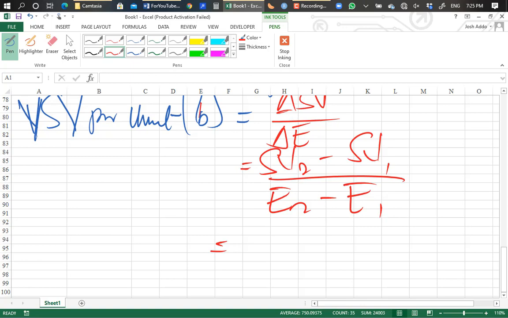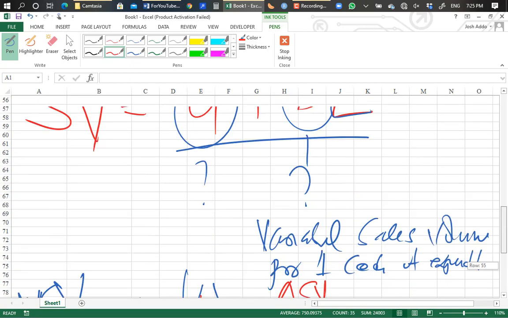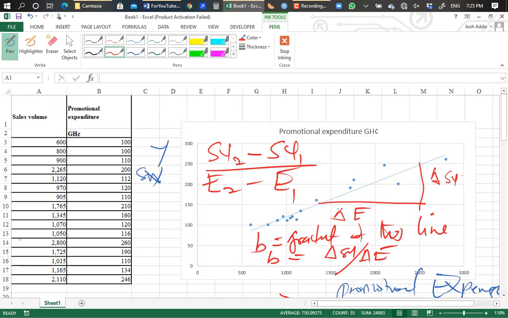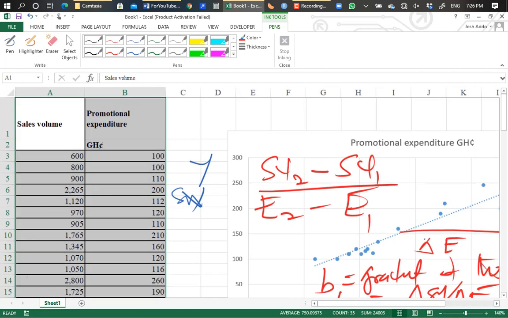If you go back to the question, I copied the same question in the spreadsheet, so we can go back here. And I think I need to zoom. That's what I'm talking about. Sorry about that. Okay, so zoom in.